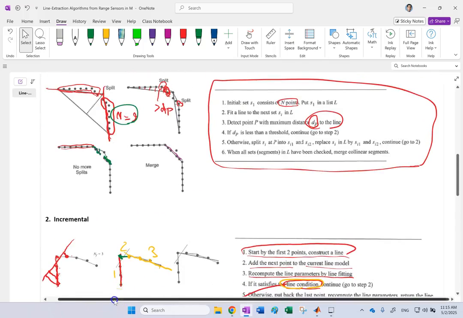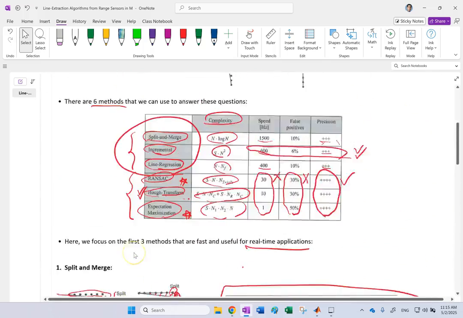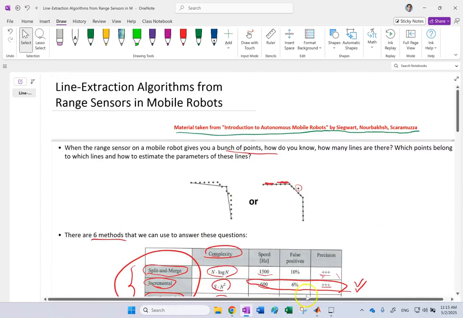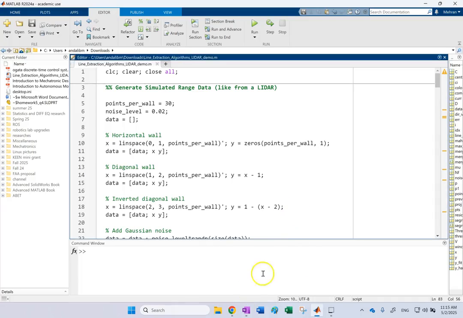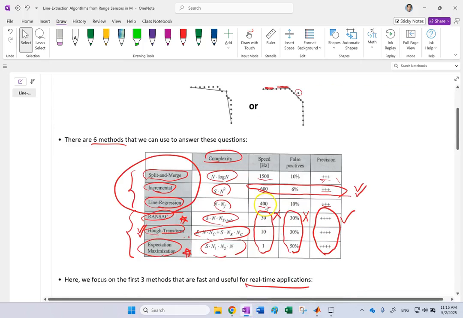So here was a brief discussion of these three fast algorithms, and the reason that line regression is a little bit slower than the other two is because of calculating the Mahalanobis distance. That's why it is not as fast as the others, especially split and merge.